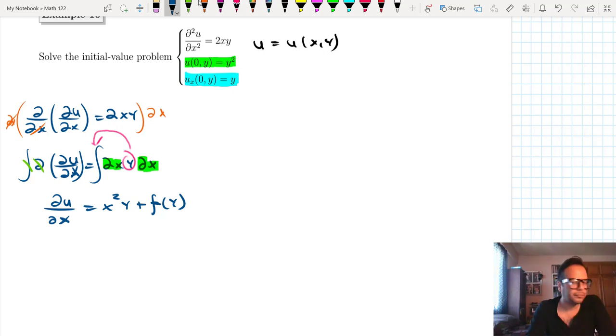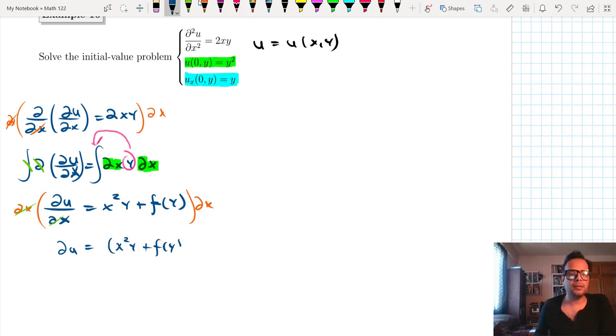Now let's multiply both sides by dx to separate the variables again. And so u equals x squared y plus f of y times dx. Integrate both sides.